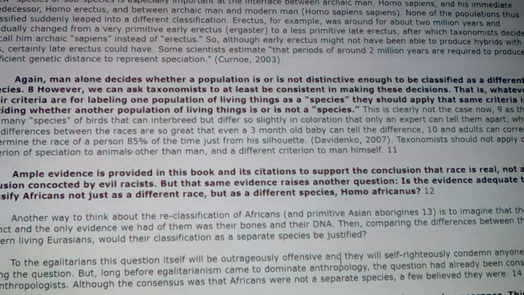Taxonomists should not apply this criteria of speciation to animals other than man, and a different criterion to man himself. It's what I talked about in the very first point of it, to where it seems like we have a different, and because it's us, and because of feelings, we've tried to, now here's the statement on the way out here, well, I've got a minute or two. We've tried to be so inclusive in things, it's crazy compared to what we do in taxonomy, in reality, in real life.